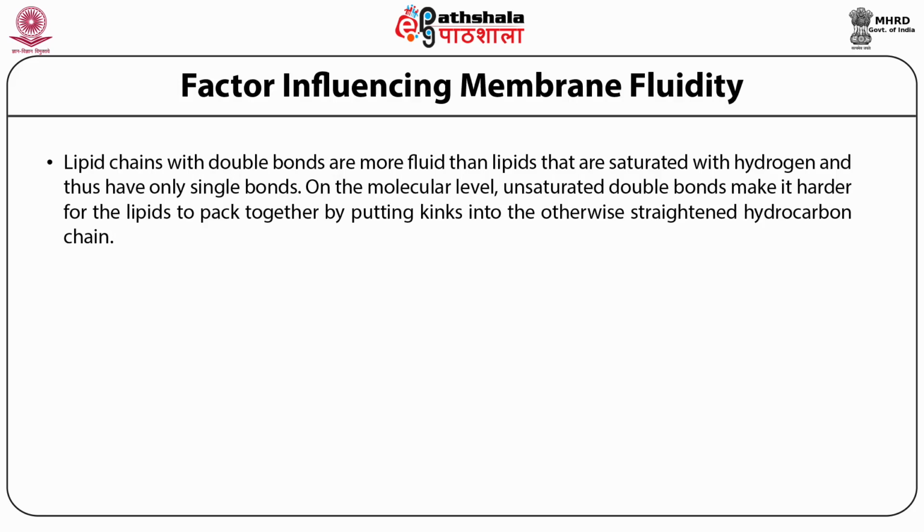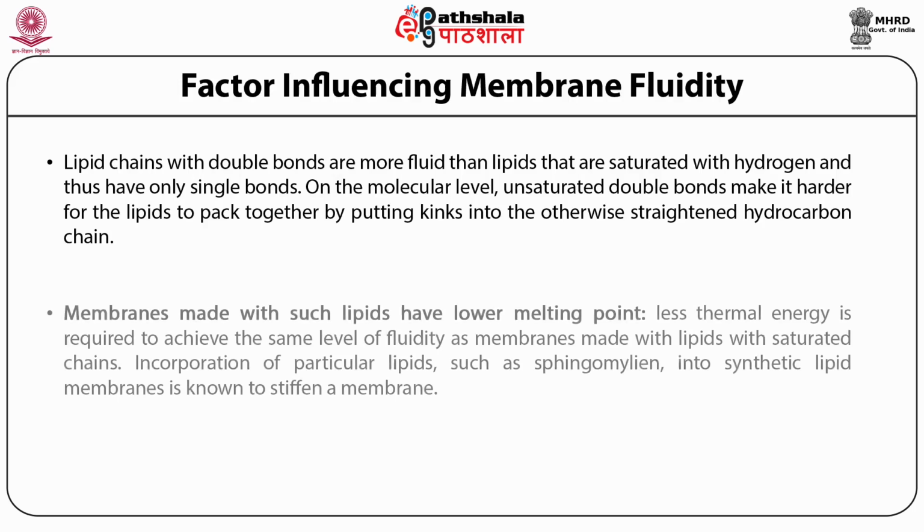On the molecular level, unsaturated double bonds make it harder for lipids to pack together by putting a kink into neighboring strained hydrocarbon chains. A membrane made with such unsaturated lipids has a lower melting point because less thermal energy is required to achieve the same level of fluidity as a membrane made up of lipids with saturated chains.